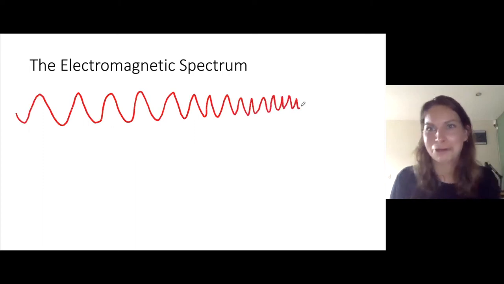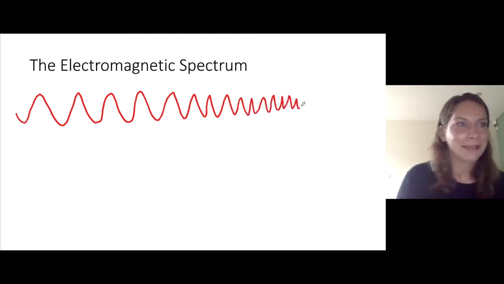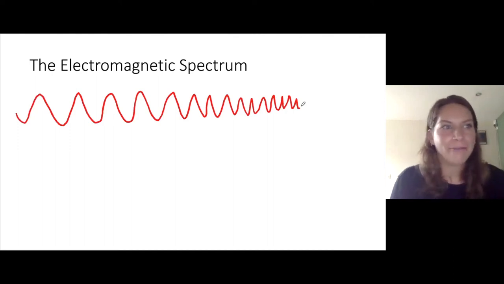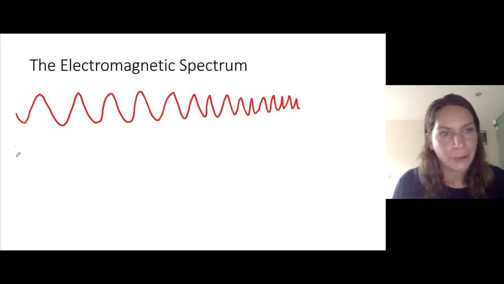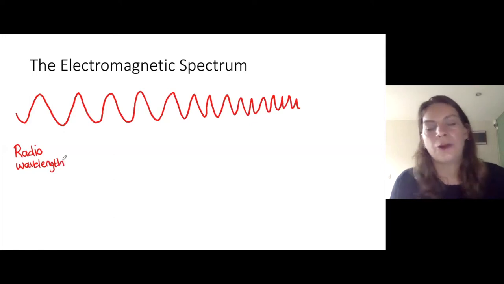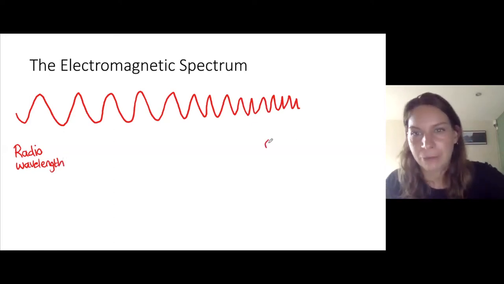So please excuse my drawing. This is my electromagnetic spectrum, and it goes from long wavelength light to very short wavelength light. So radio waves sit here at the long wavelength side. And over on the other side, we have things like gamma rays. So this is the gamma wavelength.